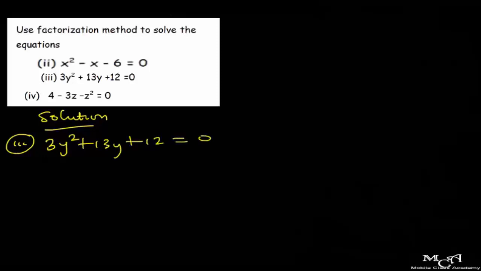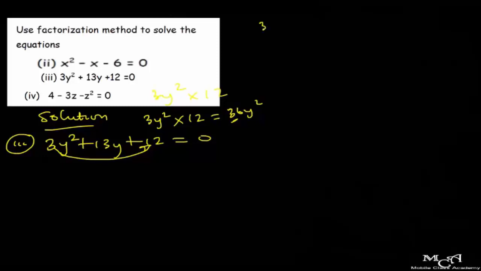So what I will do is, the same way I've been doing the first two, I'll take this 3y squared and use it to multiply 12. Okay, let me show it to you very well. 3y squared times 12 will give us 36y squared. So you look for the factors of 36.